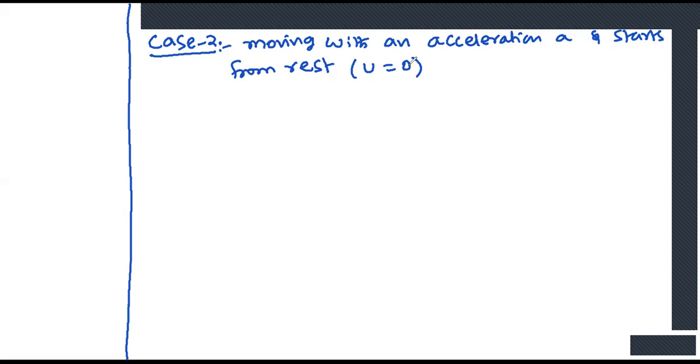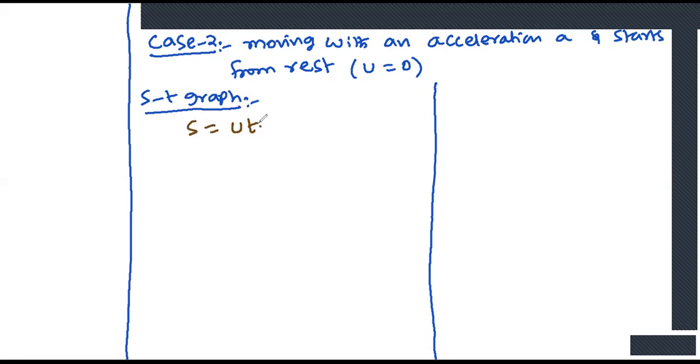In this case, we need to find the ST graph and VT graph. First, the ST graph. Since S equals ut plus half at square, and the initial velocity is 0, S equals half at square.